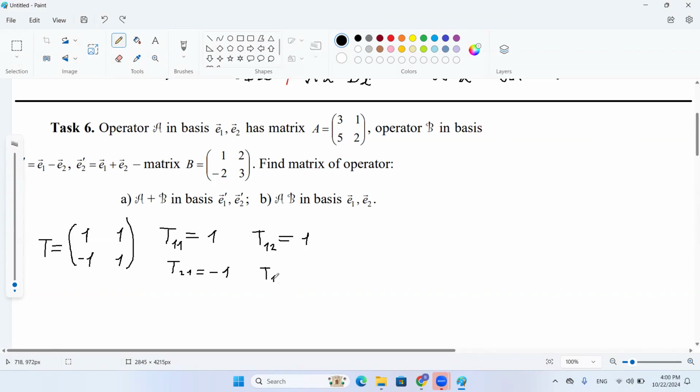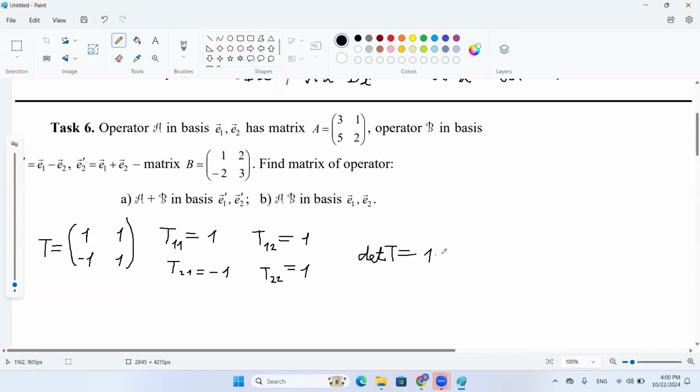Oh, no, not 1, 3, but 2, 2. It equals 1. Okay, now let's calculate the determinant of matrix T.